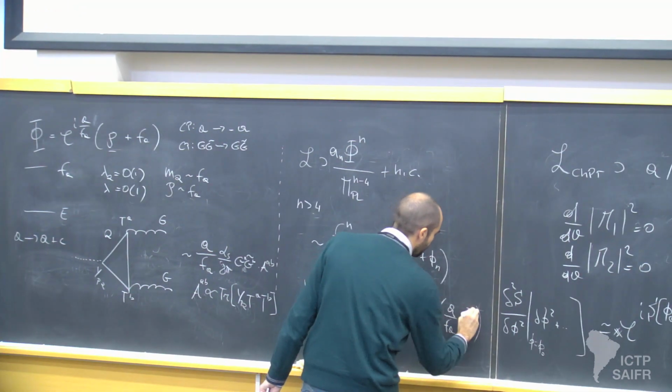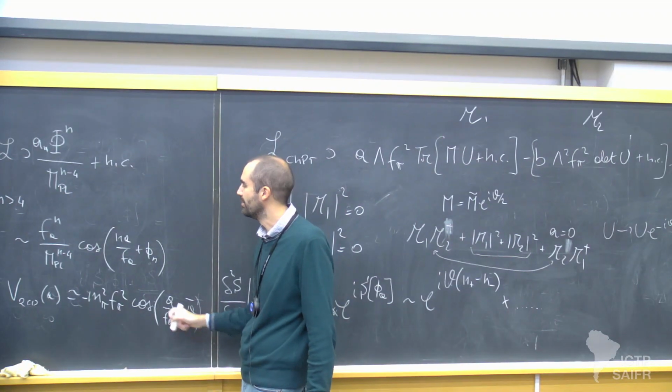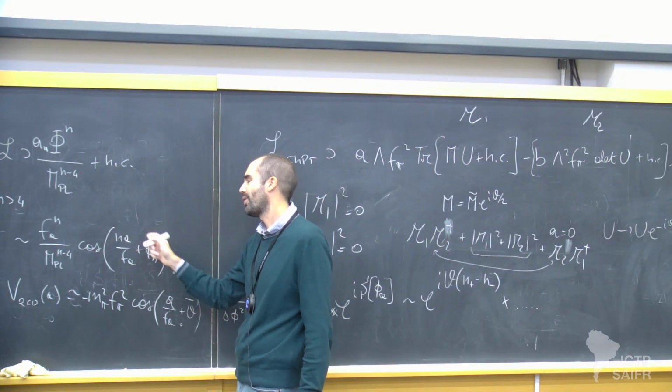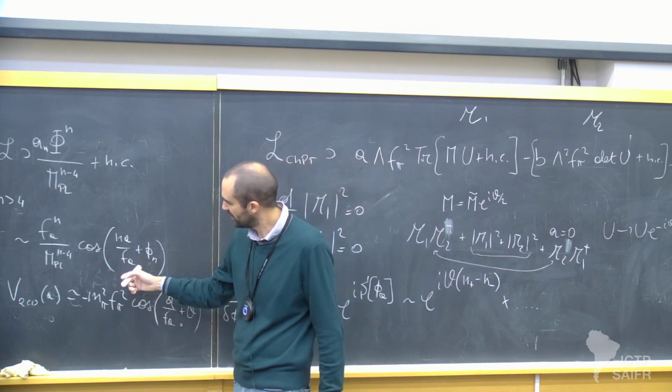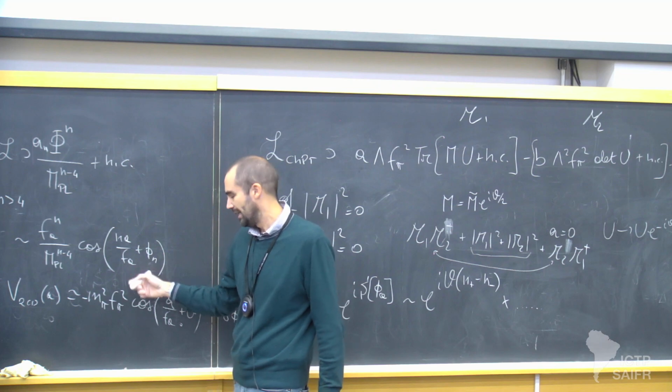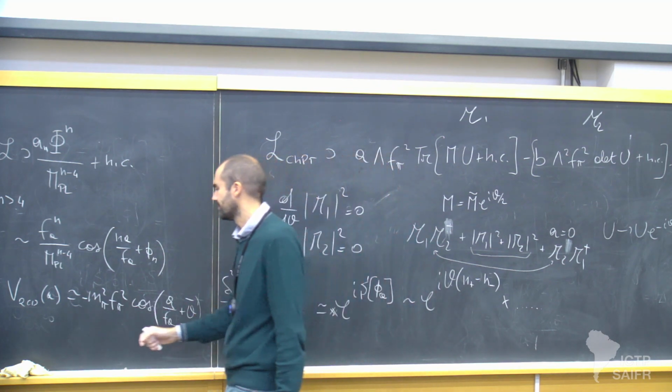So you see that there are two competing terms. This term wants the axion to cancel theta bar, but this term wants the axion to cancel another phase that has nothing to do with the neutron EDM. So if this contribution wins, it pulls us in a vacuum where the neutron EDM is again big.